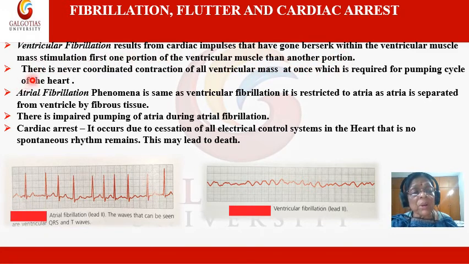There is never coordinated contraction of all the ventricular muscle mass at once, which is actually required for the pumping cycle of the heart. So various parts of the heart contract at different timings, resulting in no efficient contraction of the heart.